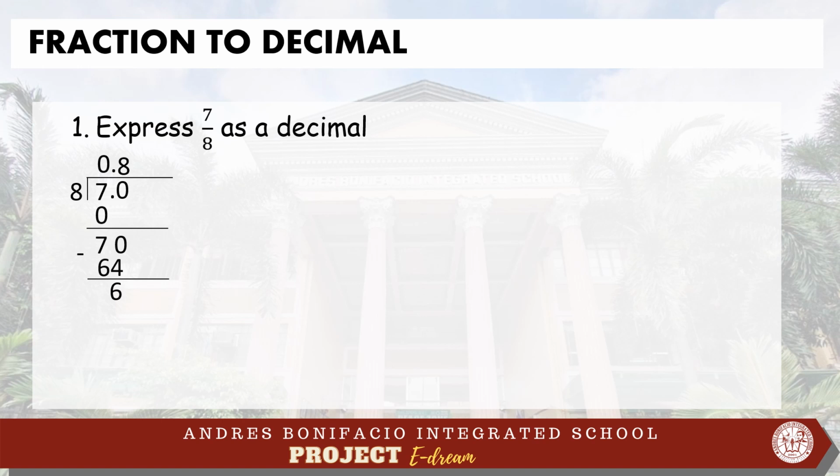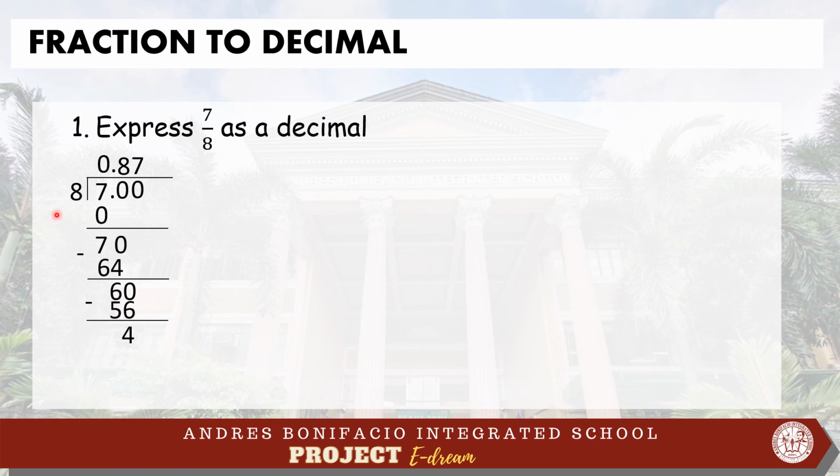So we have to, again, add 0 and then bring down 0. So this time, we have 60 divided by 8 is equal to 7. Then the same process, 7 times 8 is equal to 56. Then subtract 56 from 60. So we have 60 minus 56 is equal to 4.